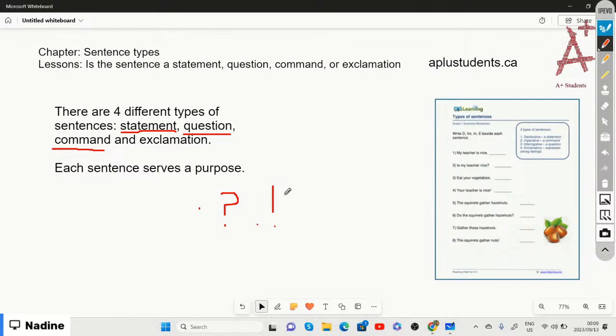It ends with a period, or it can end with an exclamation point. You're telling someone to close the door, or to pick up their shoes.